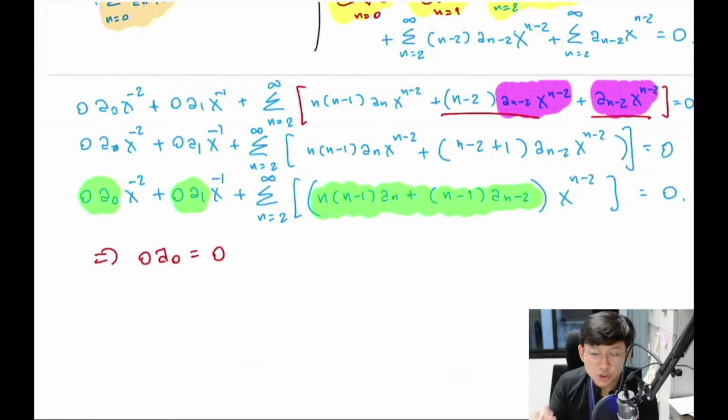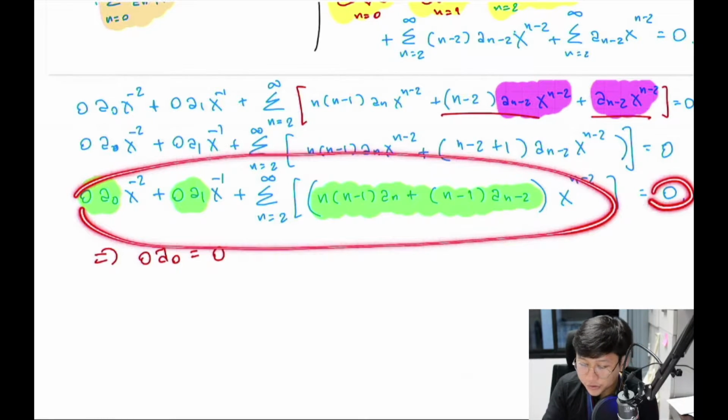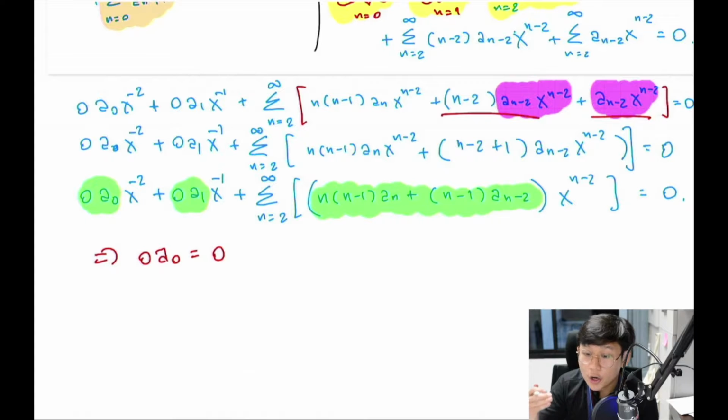You don't memorize it as a_n; it might not be a_n. It basically says that all the coefficients of x are 0.